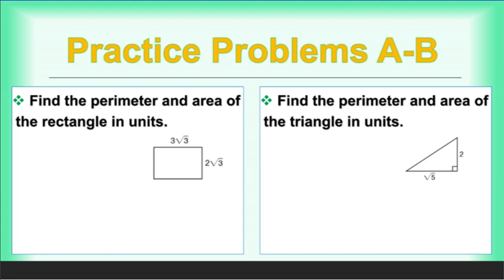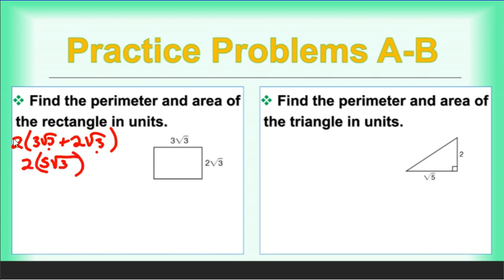Next, find the perimeter and area of this rectangle in units. So the perimeter, I have two groups of 3 square root of 3 plus 2 square root of 3. And I can add these because the radicands are the same. So 3 plus 2 is 5 square root of 3. I have 2 of those.